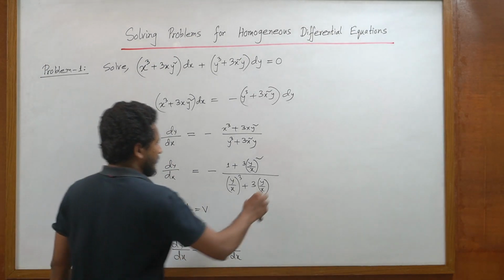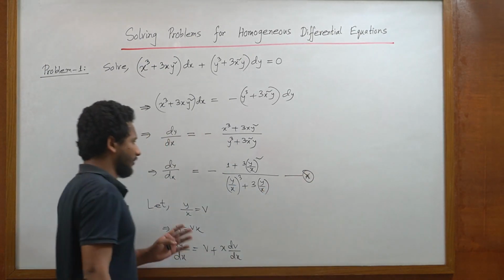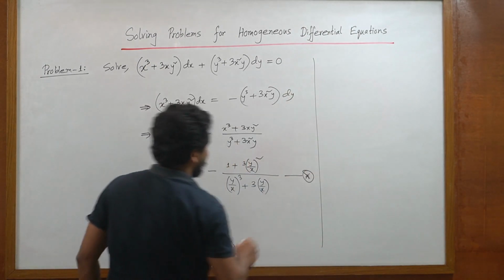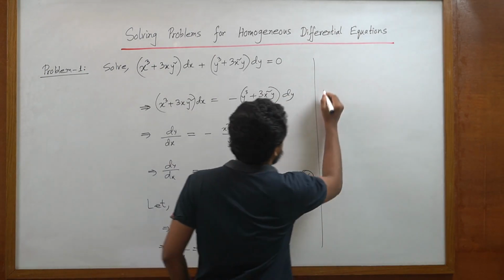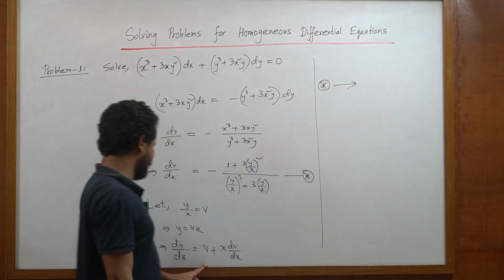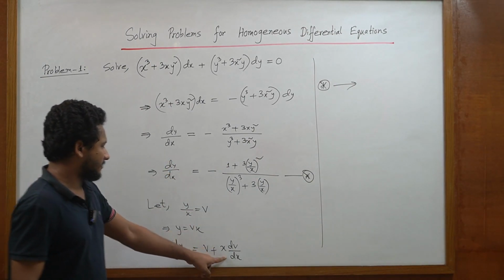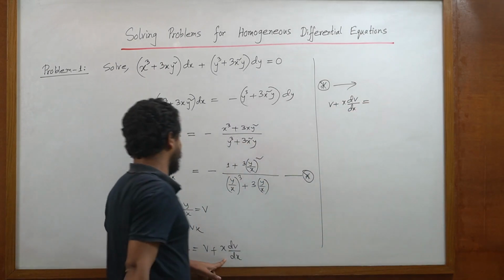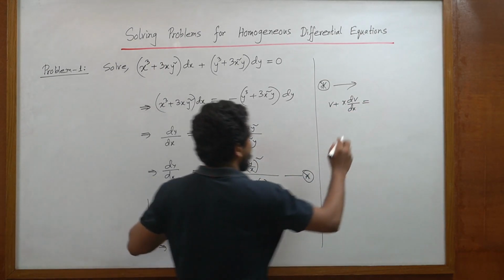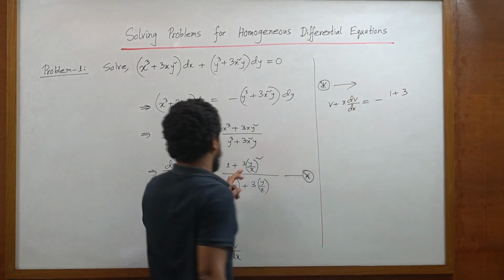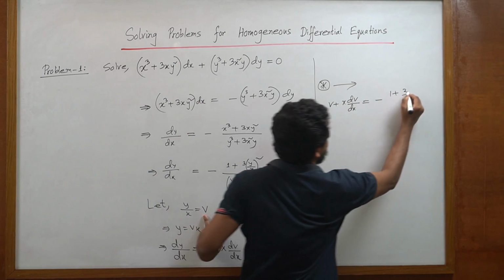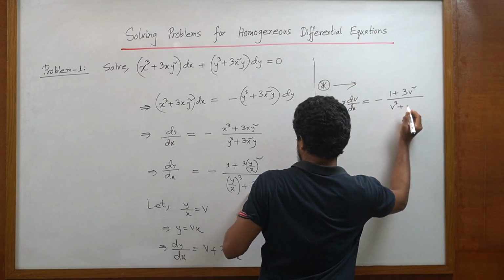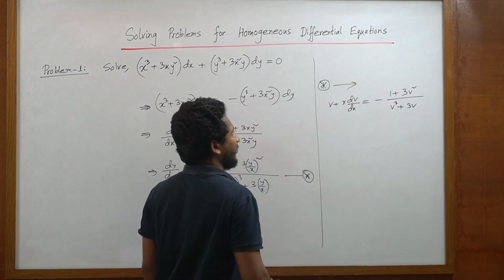Now in this equation we will replace this information. So the star equation becomes dy/dx = v + x dv/dx = −(1 + 3v²)/(v³ + 3v).